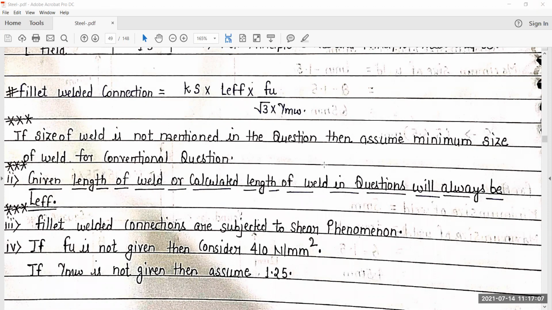This is very important, so mark the star. If the size of weld is not mentioned, then assume the minimum size of weld. Sorry, the minimum is 3 mm.